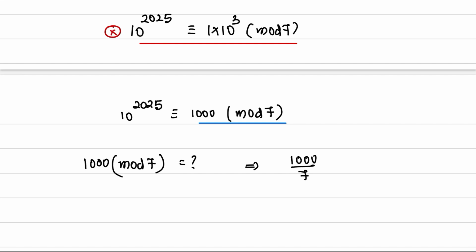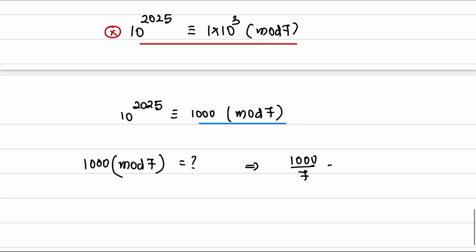But the remainder cannot be 1000, since 1000 is still divisible by 7. 1000 divided by 7 is equal to 142 into 7 plus some remainder. What is that remainder? Remainder is 6.